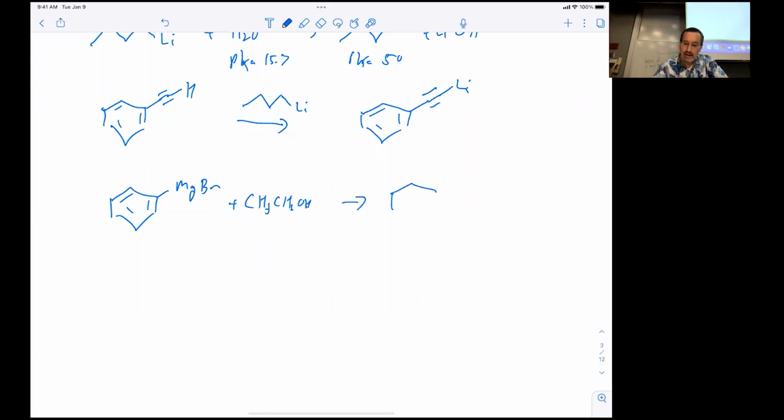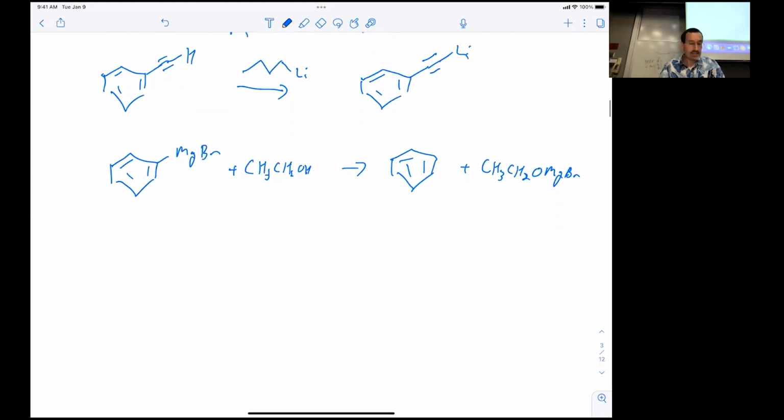And so again, that very strongly basic Grignard reagent is going to pull off that proton, and we're going to get benzene and ethyl magnesium bromide. And again, if you prefer to write an ionic structure, just as I did in our initial example, CH3CH2O minus, MgBr plus, be my guest.